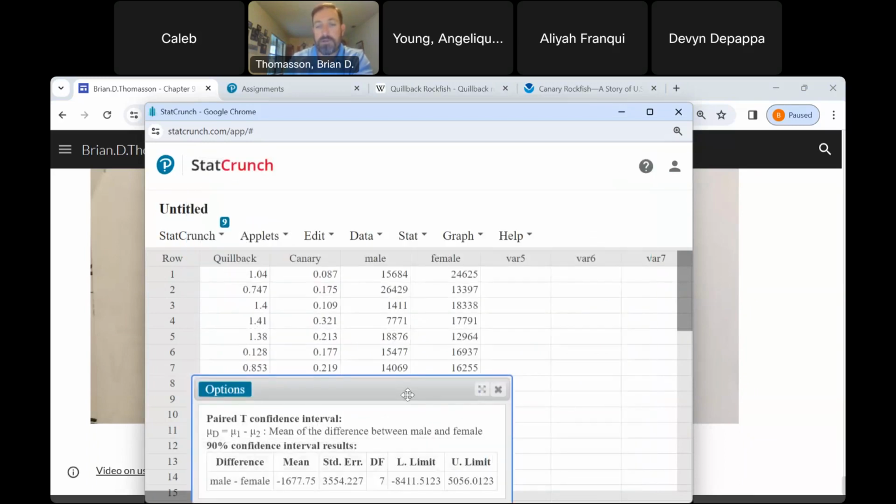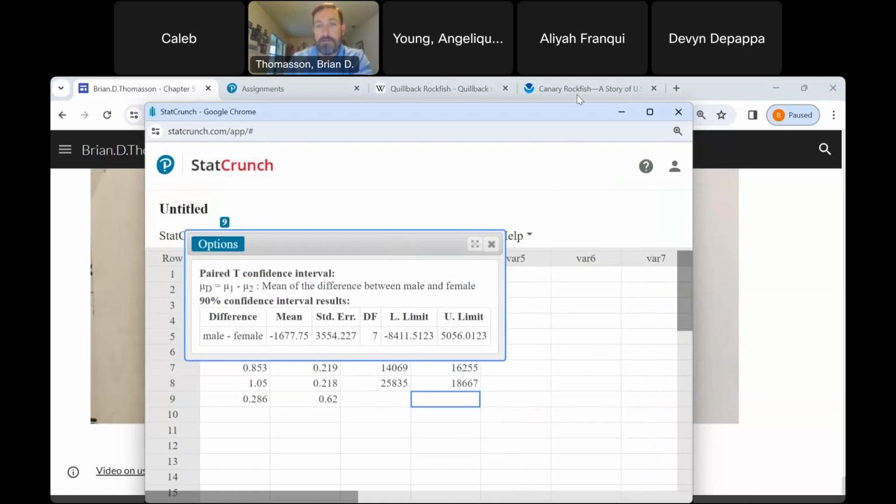And we hit compute. And we have our lower and upper limit there. Notice that 0 is one of the possibilities in there because one's positive, one's negative. So does our confidence interval coincide with hypothesis? Yes, it will always be true. And why? Because 0 is one of the options there, okay? Which means no difference between the words spoken by the male and the female.